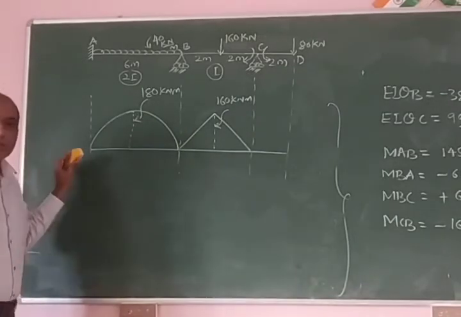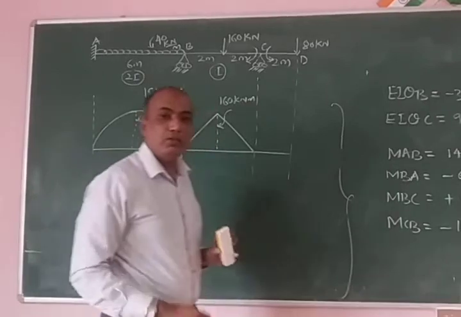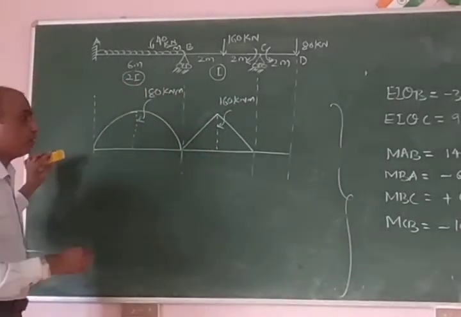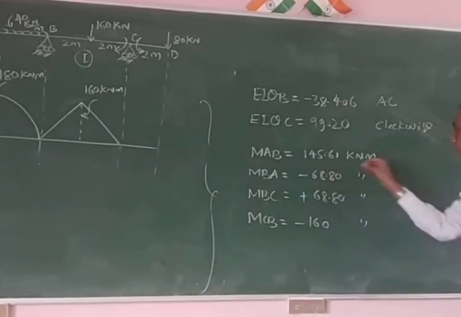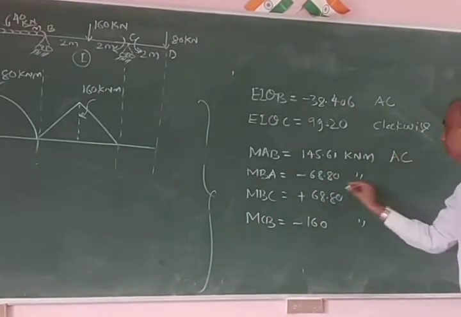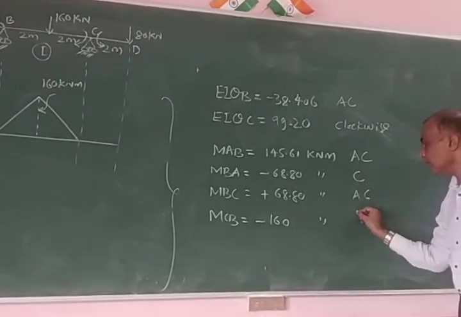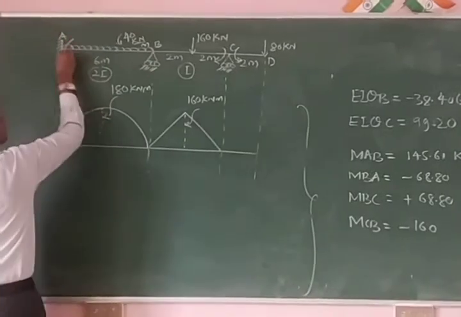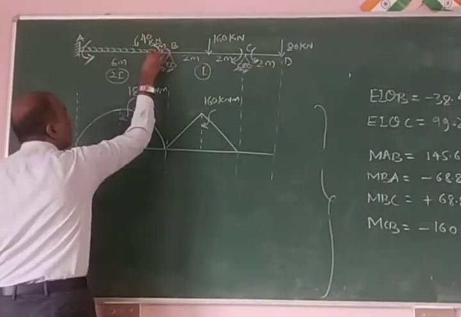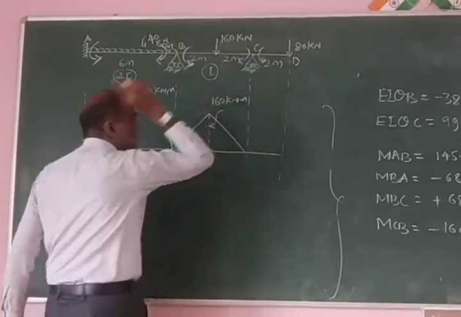And then let us superimpose these moments which are obtained by solving. These are all hogging moments. You can see MAB is anti-clockwise, MBA clockwise, MBC anti-clockwise, MCB clockwise.